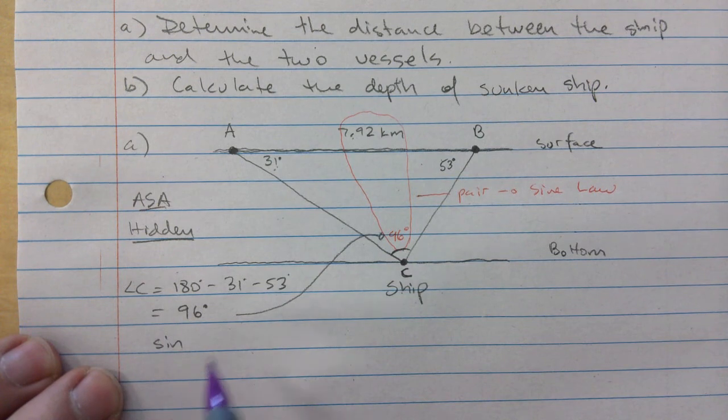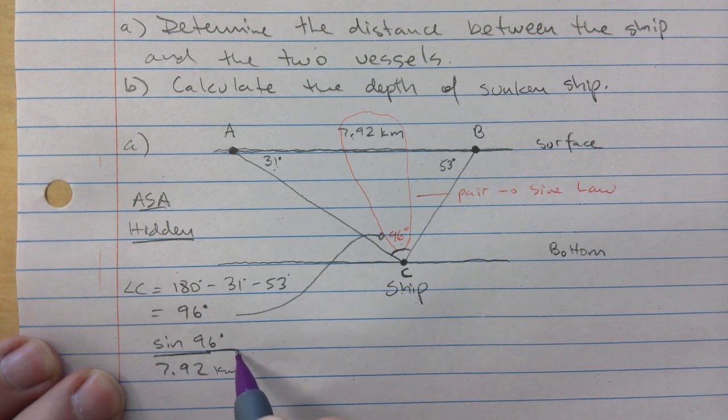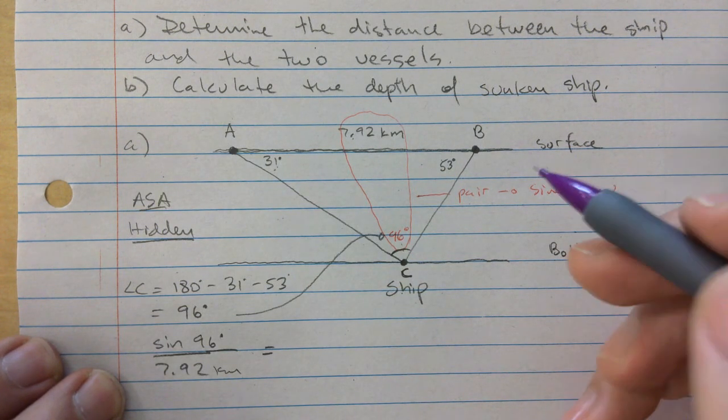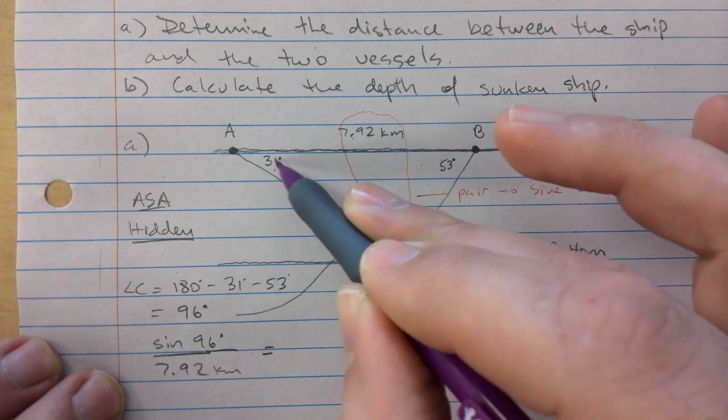So we go sine of 96 over 7.92, and that's kilometers. And you have to decide what's what. We want to find both of the distances, right?